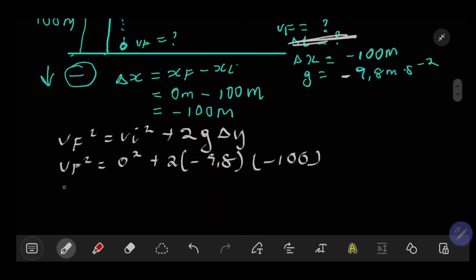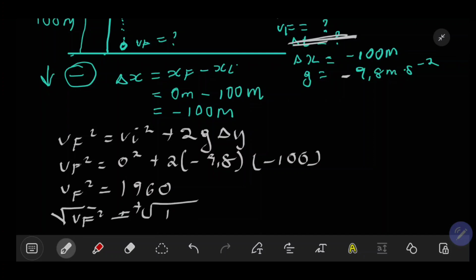Now our v final squared is equal to 0 plus this, and we're going to get 1960. Then we can take the square root of both sides, and we have the square root, which is plus or minus 1960.